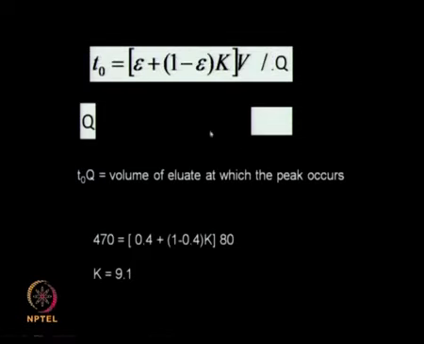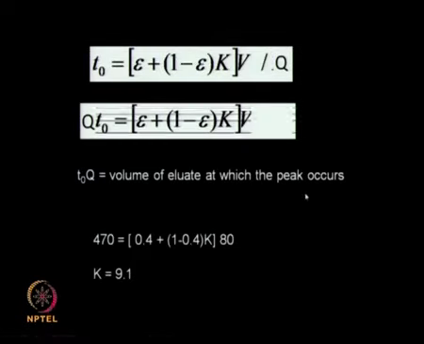Same equation: Q into T naught is equal to epsilon plus 1 minus epsilon K into V. T naught Q is the volume of eluate at which the peak occurs. By substituting 470, epsilon equal to 0.4, 1 minus epsilon as 1 minus 0.4, and volume as 80 liters, I get K as 9.1.